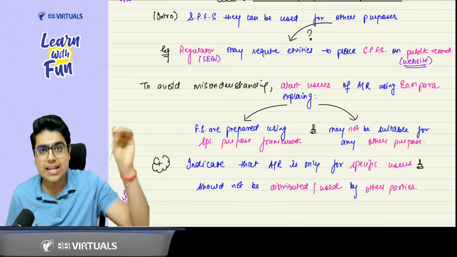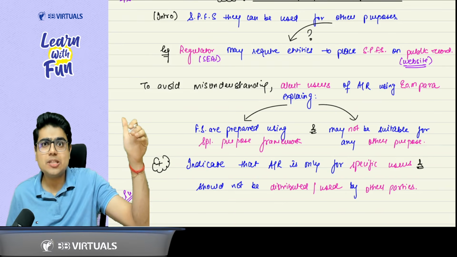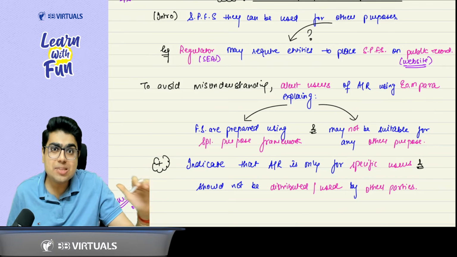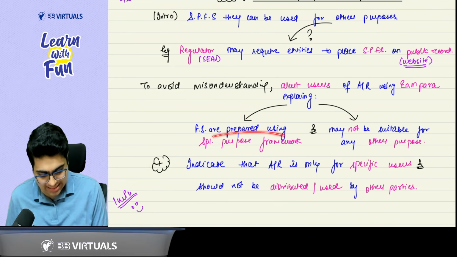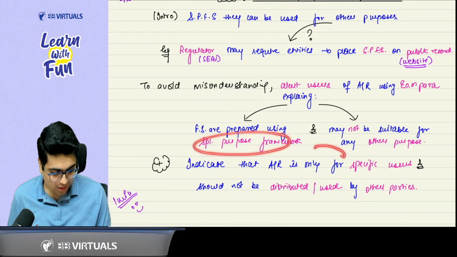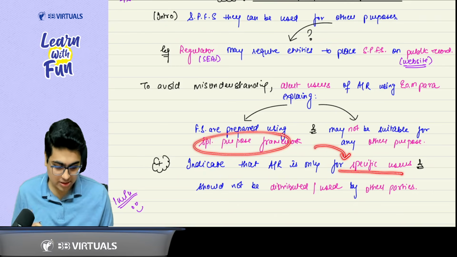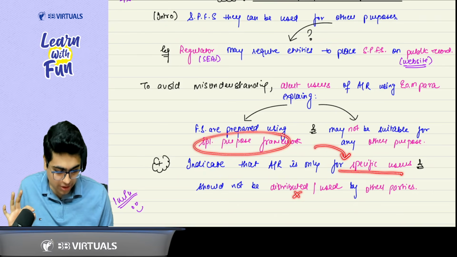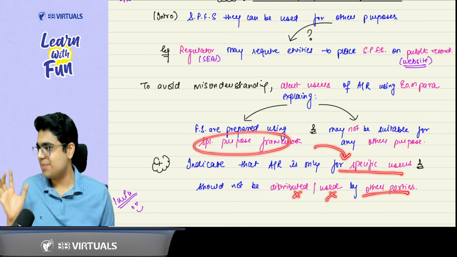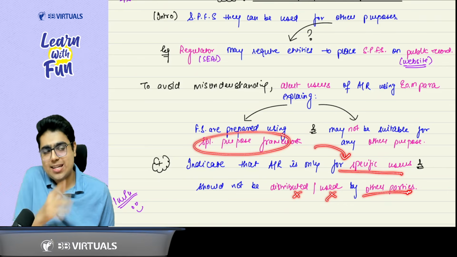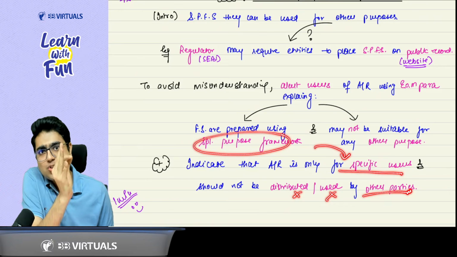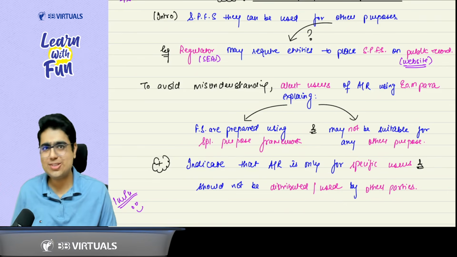Not only this, tell them that because they are prepared using special purpose framework, they are only for specific users. So they should not be distributed or used by other parties. So other parties like me should stay away from them. I should not use them. You understood the point or not?